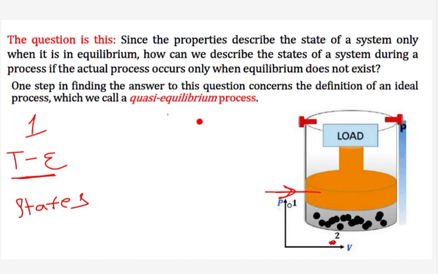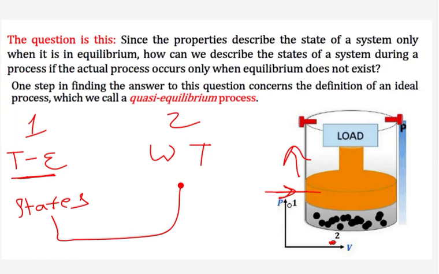The second thing is I want work transfer. For work transfer, this equilibrium will not help me; the displacement of the piston is required. So I want a combination of these two: equilibrium points and also a displacement.